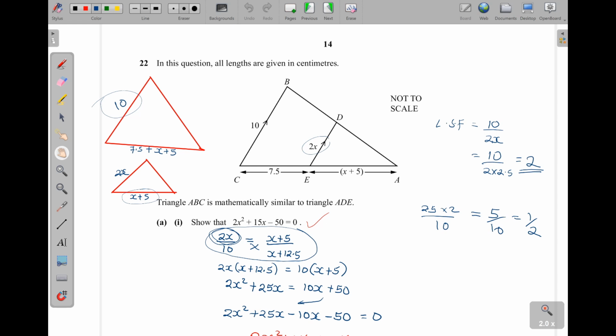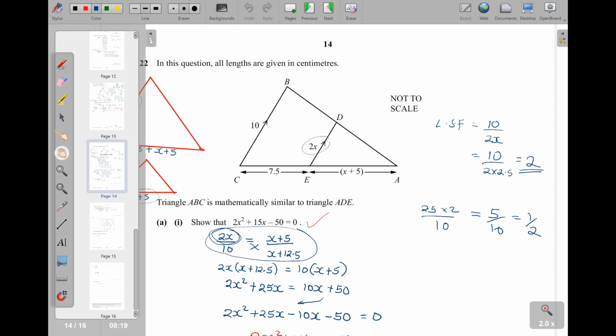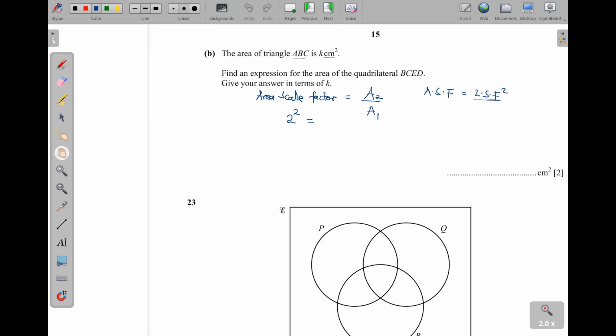The smaller one here, coming back here, I will have area of the bigger one is that K. Then area of the smaller one, we don't know it. Okay, so we cross multiply. That means area of the smaller one is going to be K over 4.